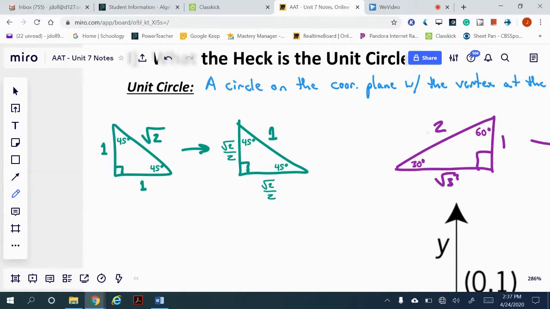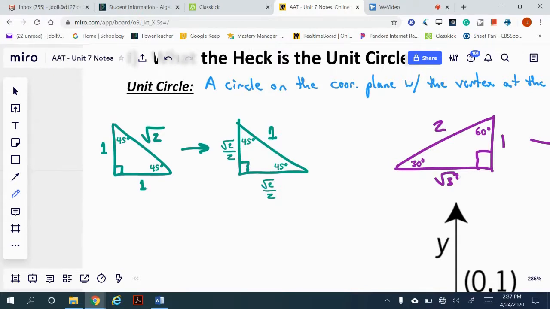And what you learned was that the side lengths of those right triangles were always going to be set in a specific proportional relationship. You had 1, 1, and square root of 2 for the legs and the hypotenuse of your 45-45-90, and the short leg was 1, the long leg was square root of 3, and the hypotenuse was 2.